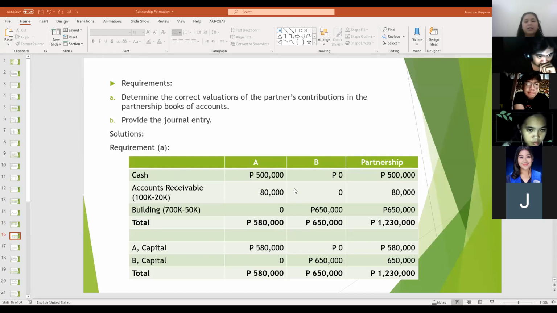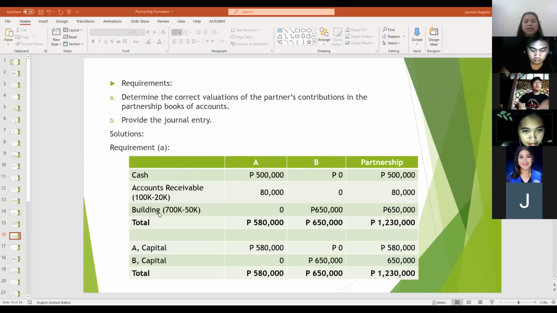So sinabi, cash for partner A, 500,000, you will be extending it at face amount in the partnership books, 500,000. Accounts receivable, it has a face amount of 100,000 or carrying amount of 100,000 with uncollectible accounts of 20,000. So you will be extending only 80,000 to the partnership books.